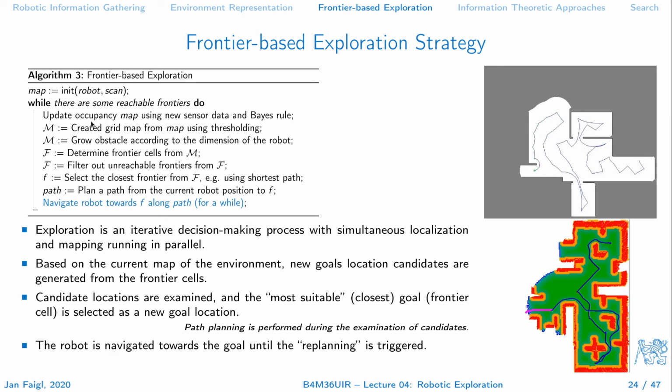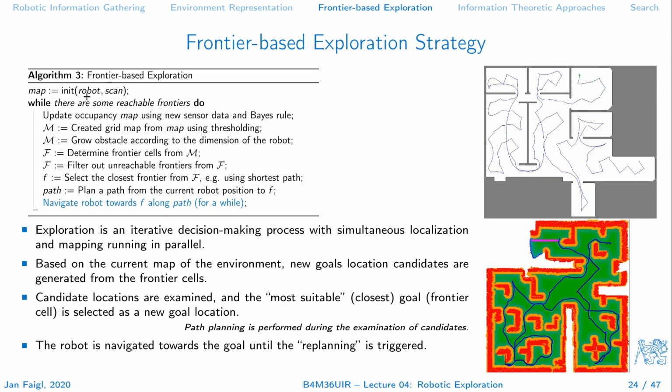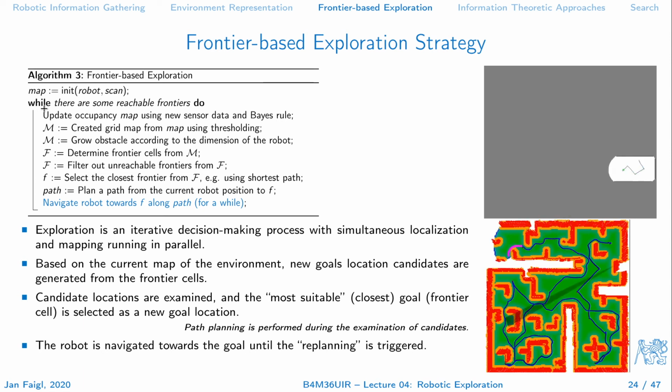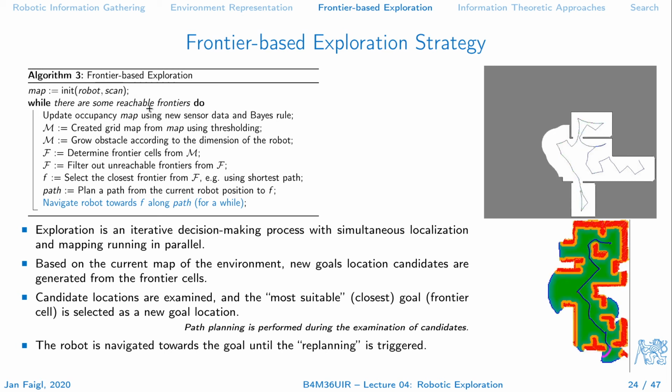Basically, what we are doing is an iterative procedure where we run simultaneous localization and mapping in parallel in the background. For the exploration strategy, we have the map, so we have some initial scan, and we collect the reachable frontiers.